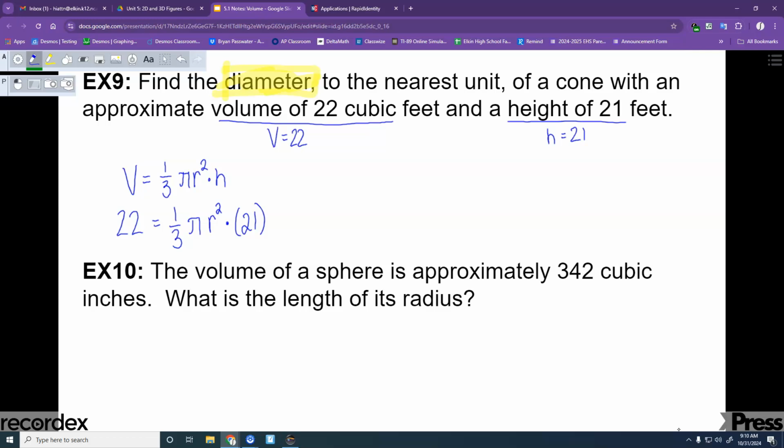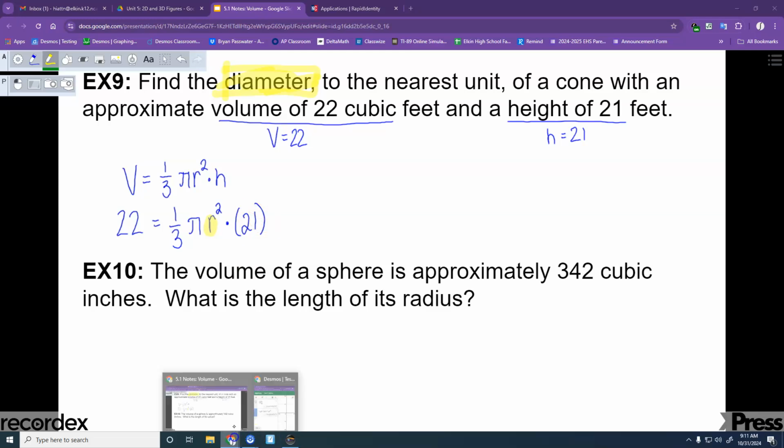Okay. So when you're looking at this, it might look really confusing at first, but what you're trying to do is get that r right there by itself. So you've got 1/3 pi and 21, which are all numbers, and they're being multiplied together.